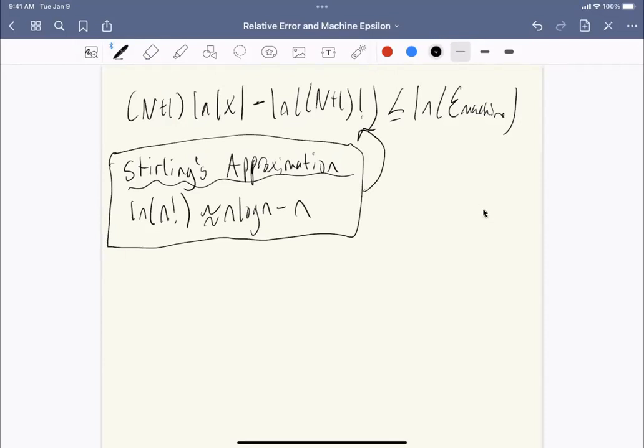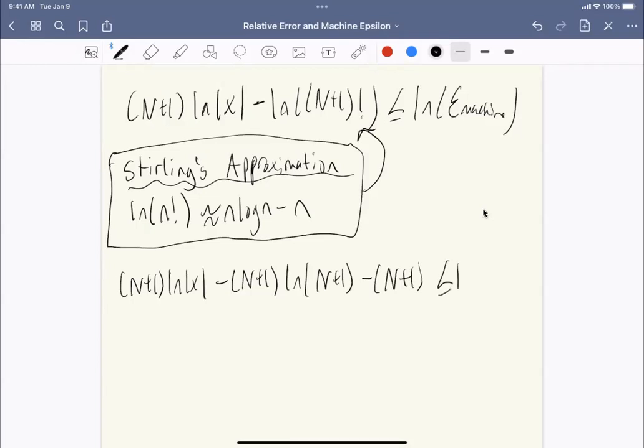So we'll write that using the Stirling approximation, minus, excuse me, to write the n plus 1 term first: n plus 1 times ln of n plus 1 minus n plus 1. And this is still less than the natural log of machine epsilon.